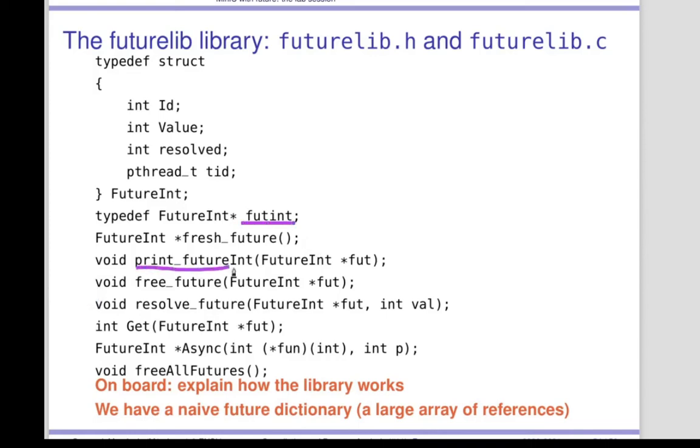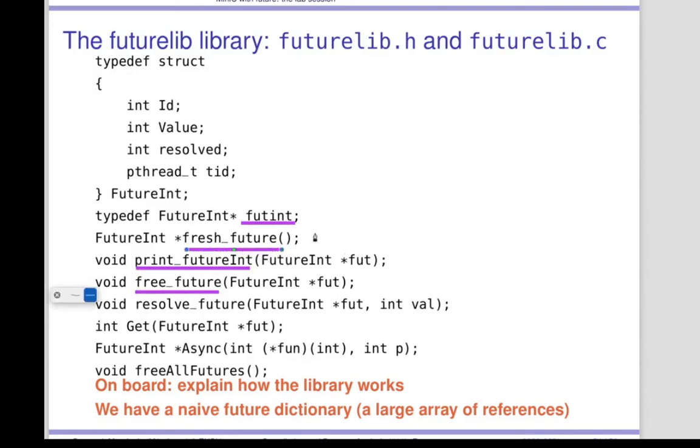This, in theory, you wouldn't necessarily need in the library, but it will be very useful for you to debug and to test your program. It's a function that just prints the current status of the future. You can use it to instrument your library however you want. This is the counterpart of this.